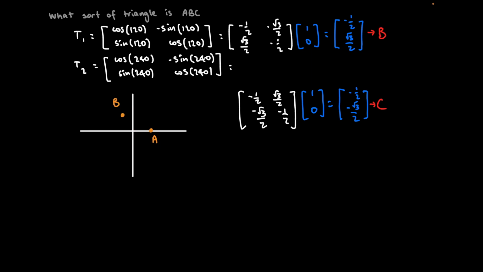And point C is negative a half also, but then negative root 3 on 2. Now that we have it looking like this, we can recognize that this is an isosceles triangle. The reason is that these two lengths have to be the same because they are equidistant from the x-axis.